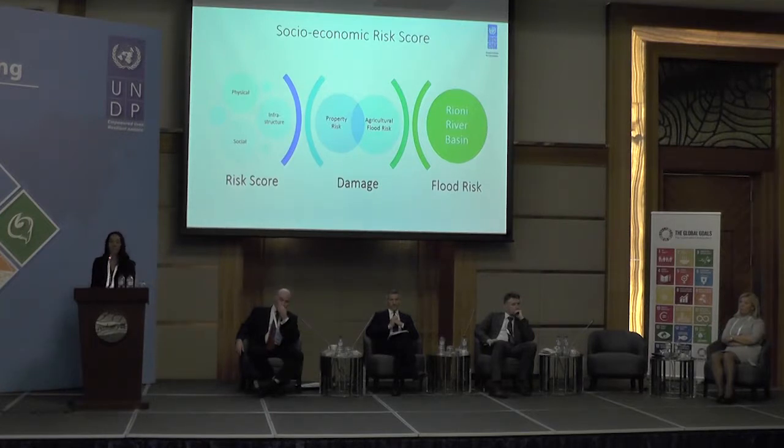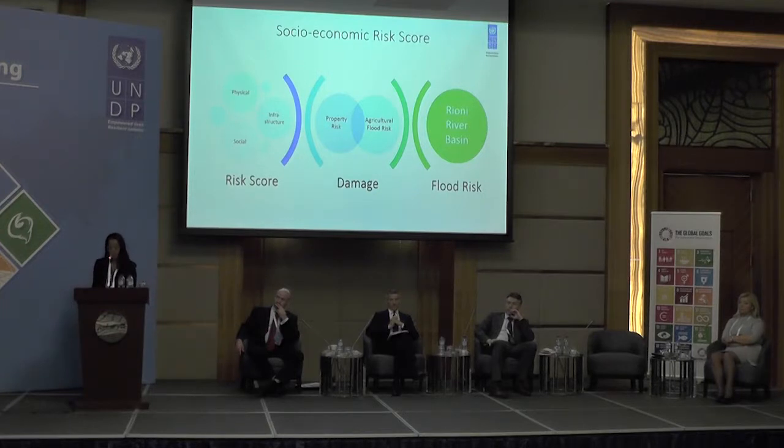We also included a consideration for whether there was flood warning within the community, whether there were existing emergency plans within the community, the social vulnerability of each household, the duration of flood, as I said, and the extent of flooding.